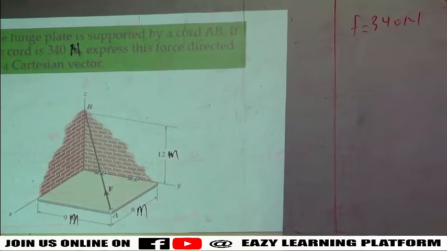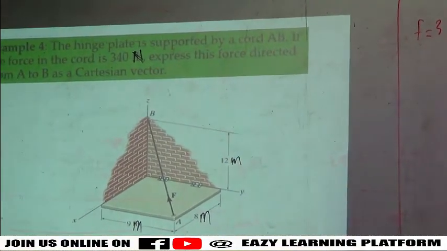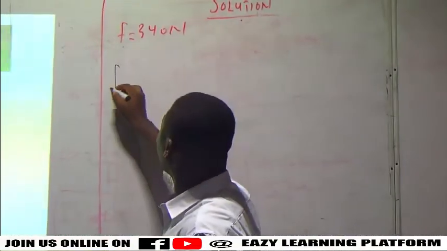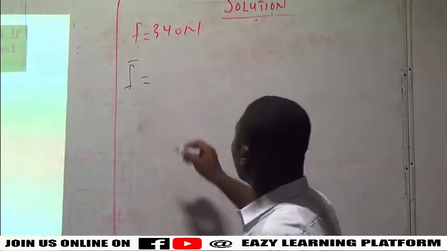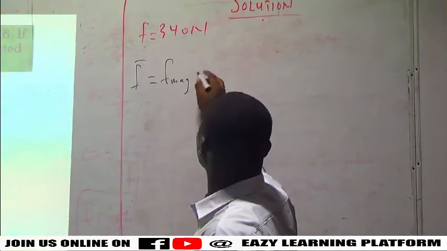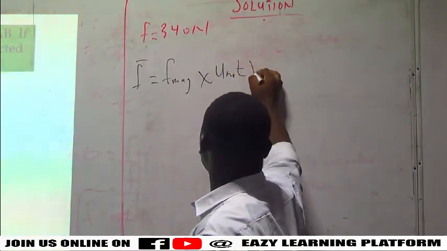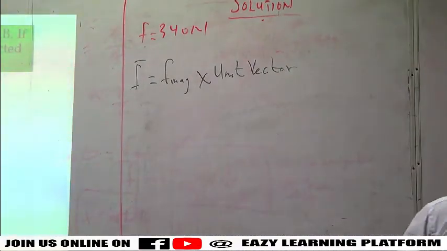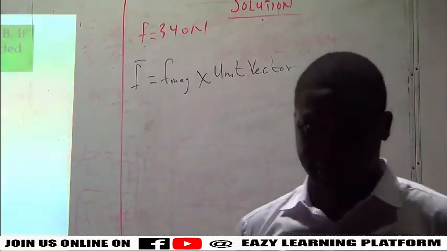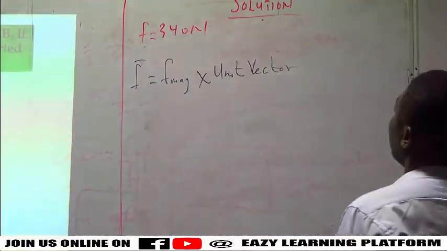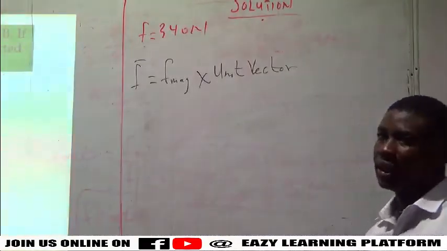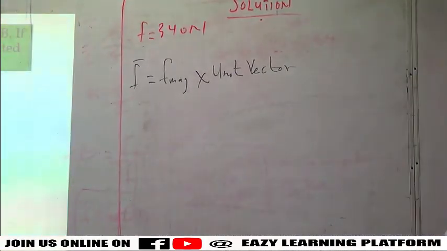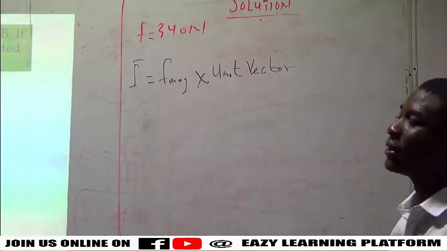Now we have to find the Cartesian vector. But we know that the Cartesian force vector is equal to what? The magnitude of the force times the unit vector. Do we know our magnitude? Yes, and our magnitude is 340 Newton. Do we know the unit vector? No, we have to find the unit vector.